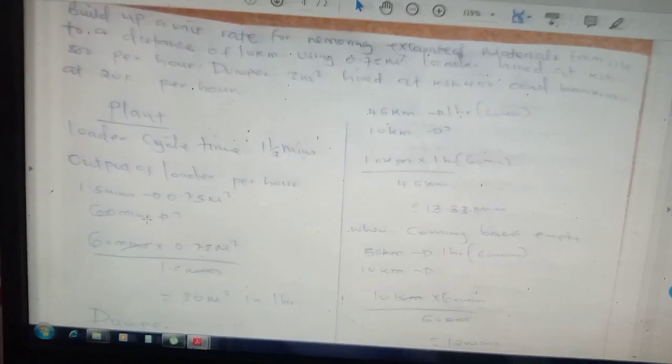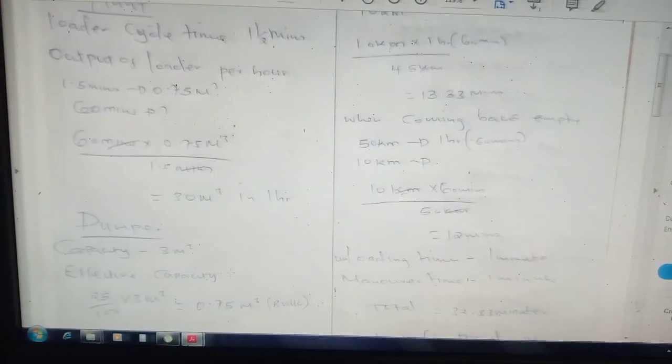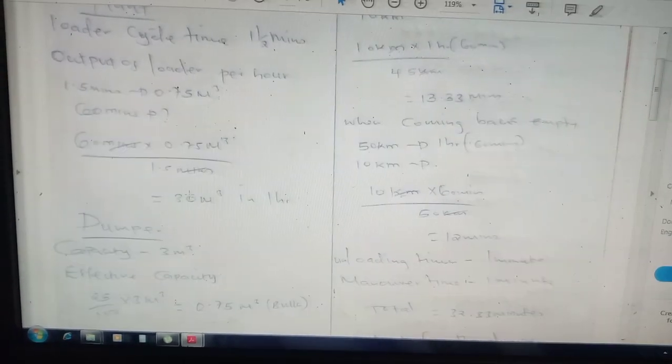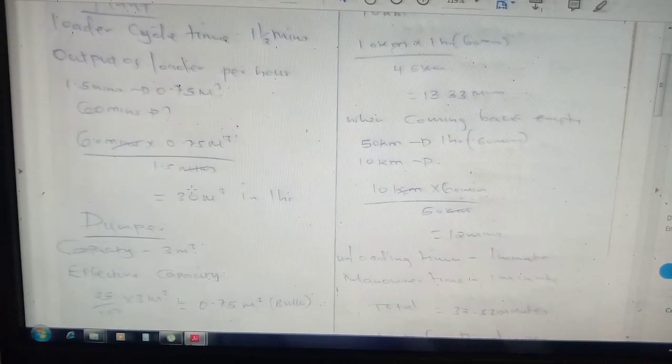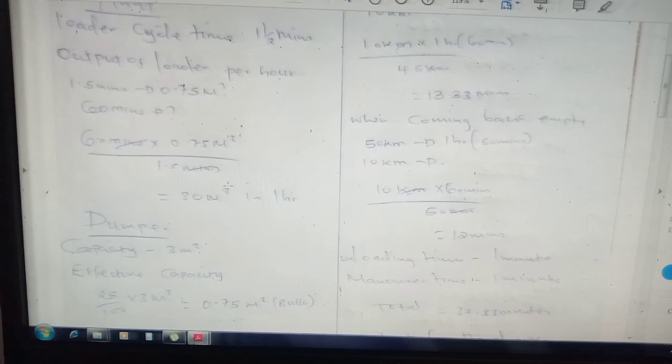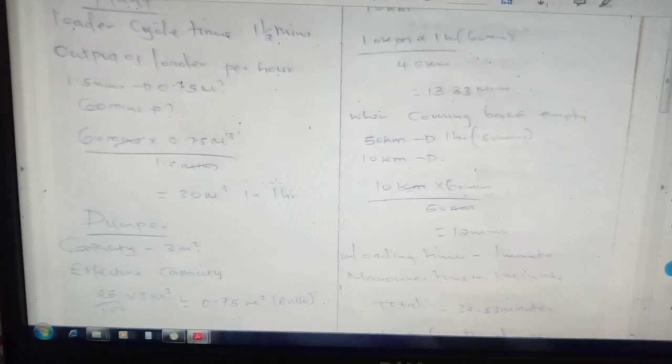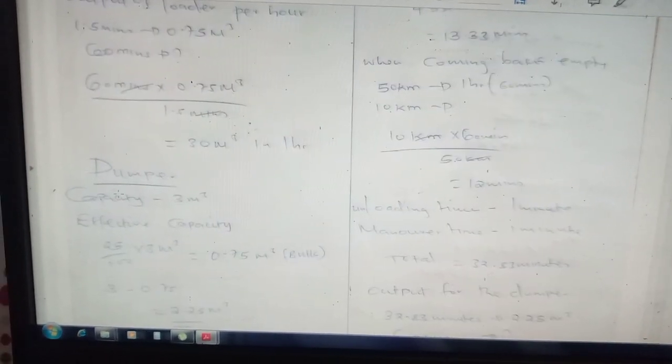What of 60 minutes? We want to know the volume of work it will do in 1 hour. You will take 60 minutes times 0.75 cubic meter over 1.5. You will get 30 cubic meters. That is the volume that the loader will pour inside the damper in 1 hour.